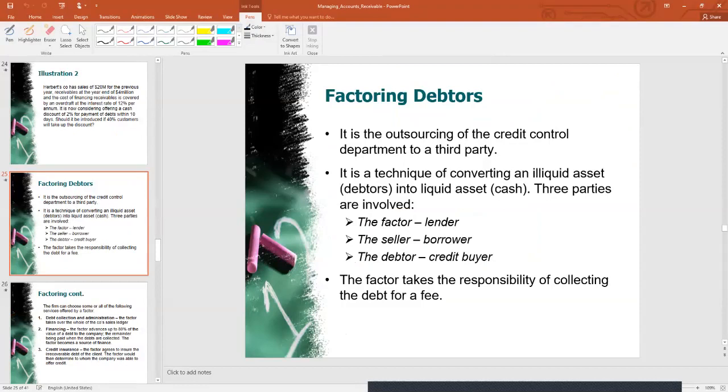If the company takes the option where the factor advances money, you as a company don't have to wait until the 1st of September. In short, your receivable, which was due 1st of September, becomes cash immediately. You're able to convert that illiquid asset into cash immediately.